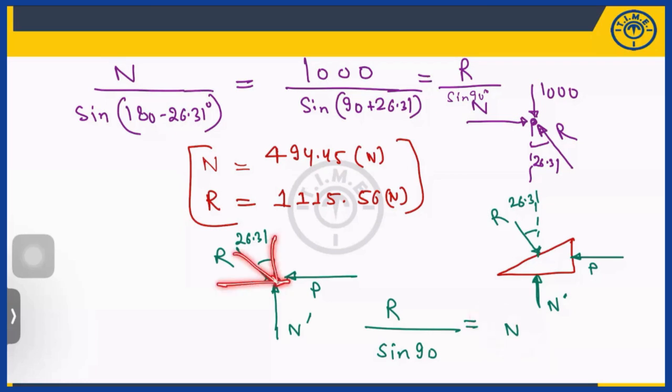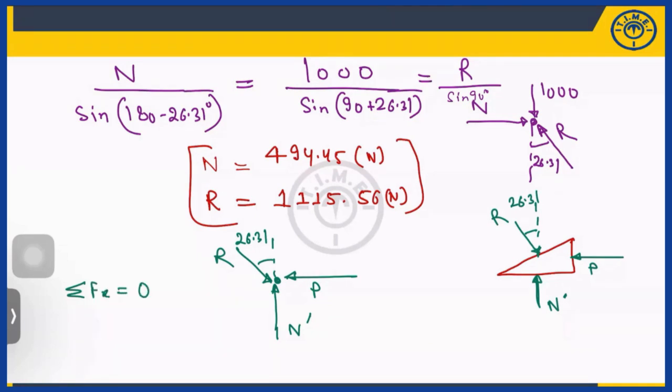Just resolve the forces in x, y, because you only have to calculate the P value, no? Just take the summation of force in x direction, which is 0. This value is R sine of 26.31, which is positive, minus P is equal to 0.